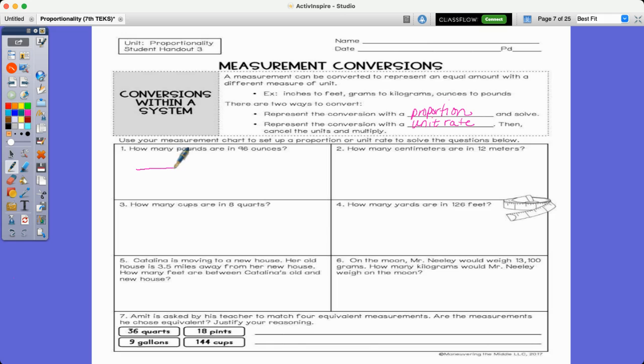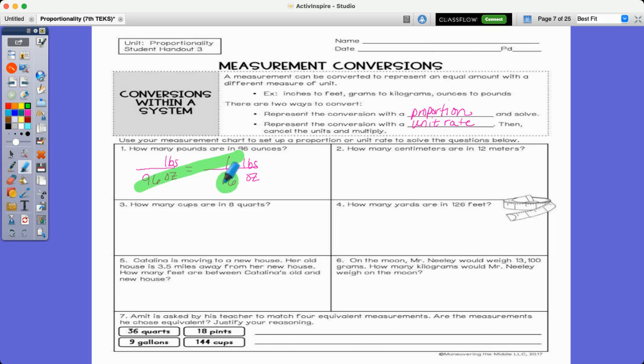For the first one, how many pounds are in 96 ounces? I have pounds and ounces, and pounds and ounces. I don't know how many pounds are in 96 ounces, and I know that 1 pound is 16 ounces. So I am going to cross multiply, and I get 96.